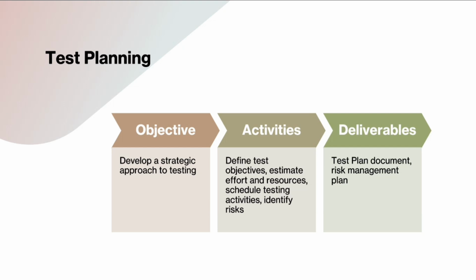Those things come under test planning. The deliverables here are the test plan document and the risk management plan. In the test plan, we define the proper scope along with our testing scope. In the risk management plan, we define the risks or defects, such as defect priority and severity.